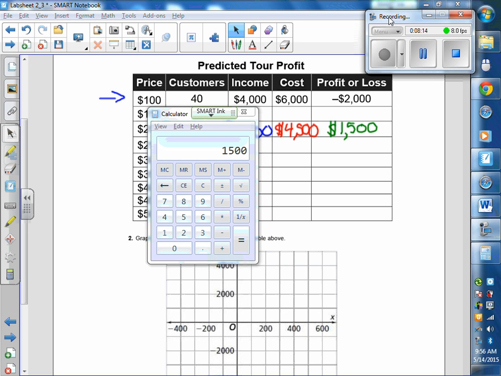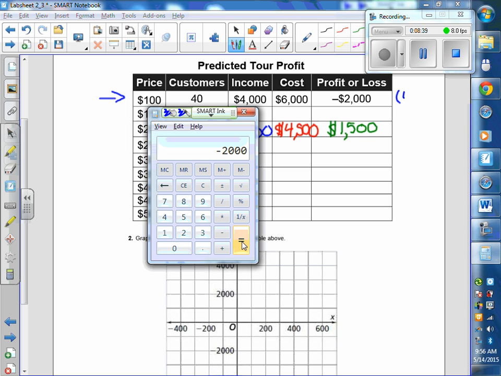It's going to cost them $6,000 because 40 people, each one costs $150. The cost of the trip is $6,000. When I subtract the income, that's how much money I get, and I subtract how much money I spend, I get a negative number, which means I lose $2,000. It's a loss here.